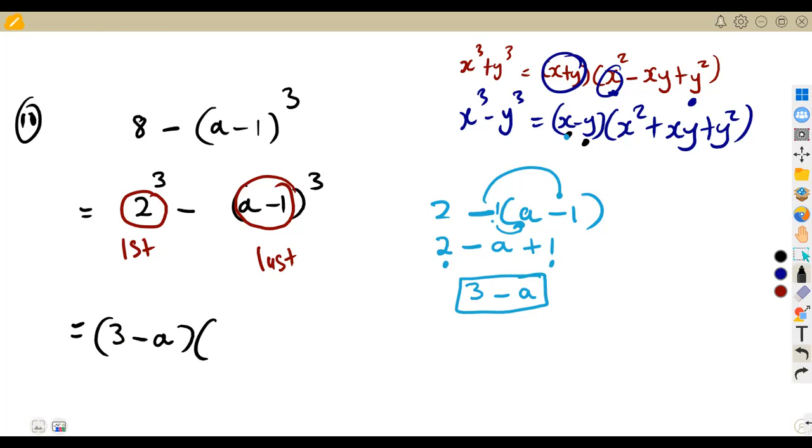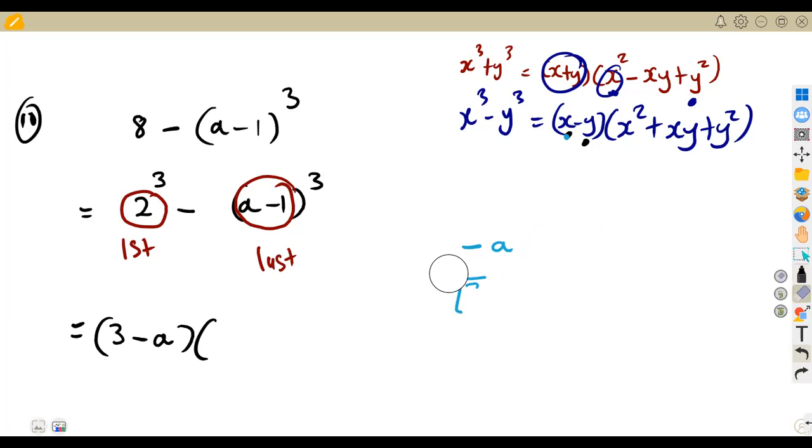Into, we move on to the bracket here. Remember, we are working with a subtraction. So you have the first squared, the first being 2, so that is 2 squared, which gives us 4.